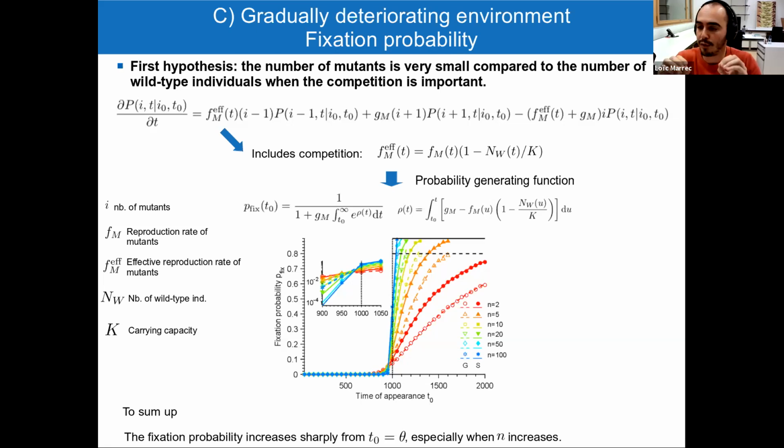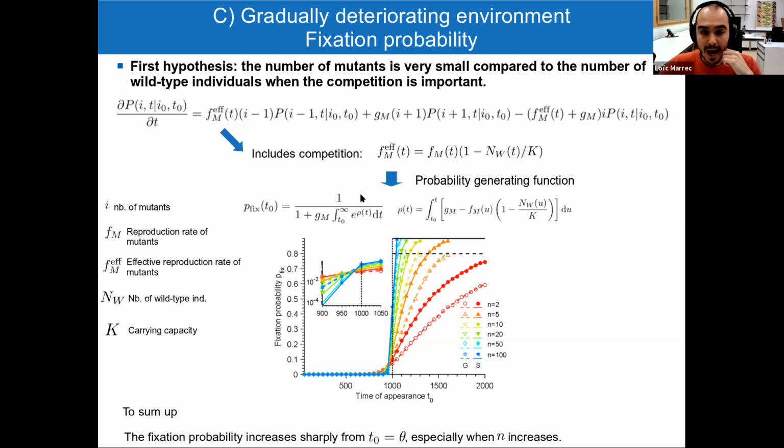Here, I just need to focus on the number of mutants. To do so, I define an effective division rate, or an effective fitness for the mutant, which is equal to its fitness times one minus the number of wild-type individuals divided by the carrying capacity. This term is the demographic pressure applied by the wild-type individuals to the mutants.